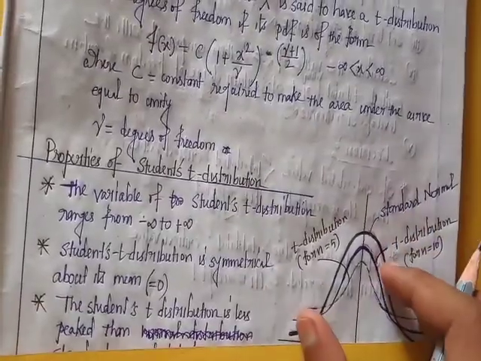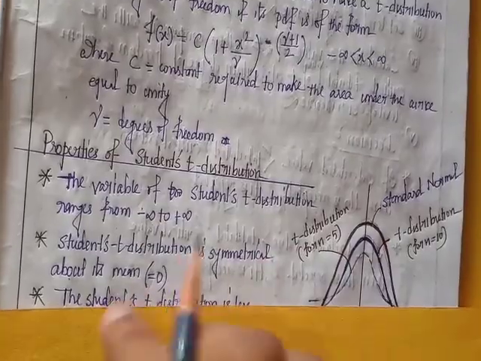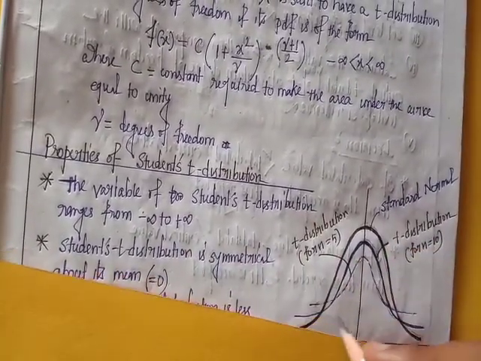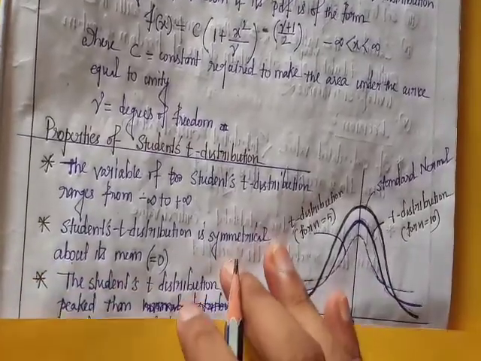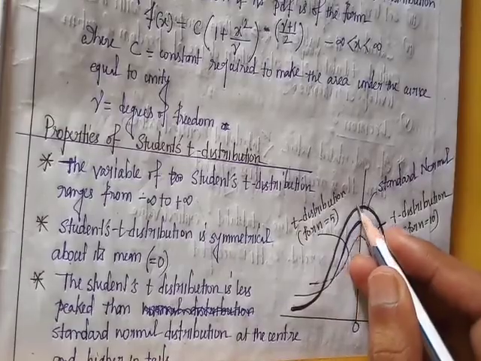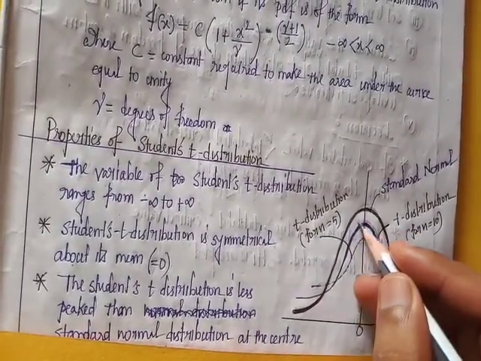This is the figure of student T distribution and standard normal distribution. Student T distribution is symmetrical about its mean. This is the standard normal density curve. This is the student T density curve.